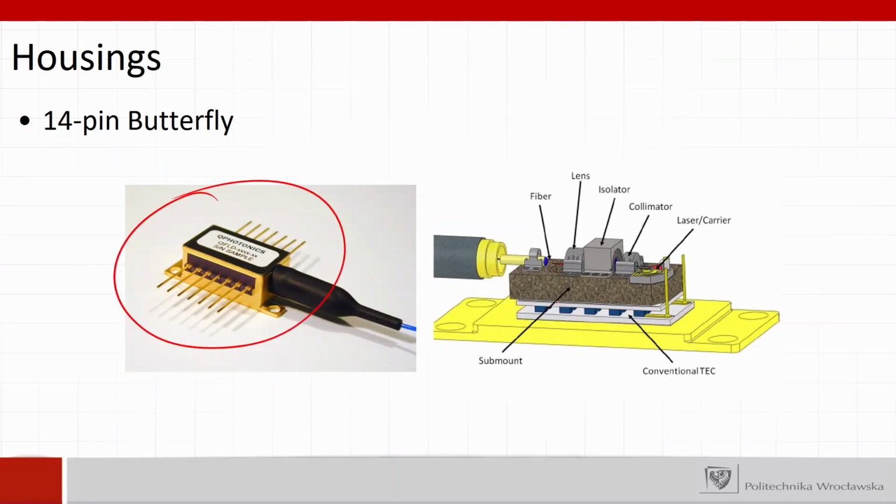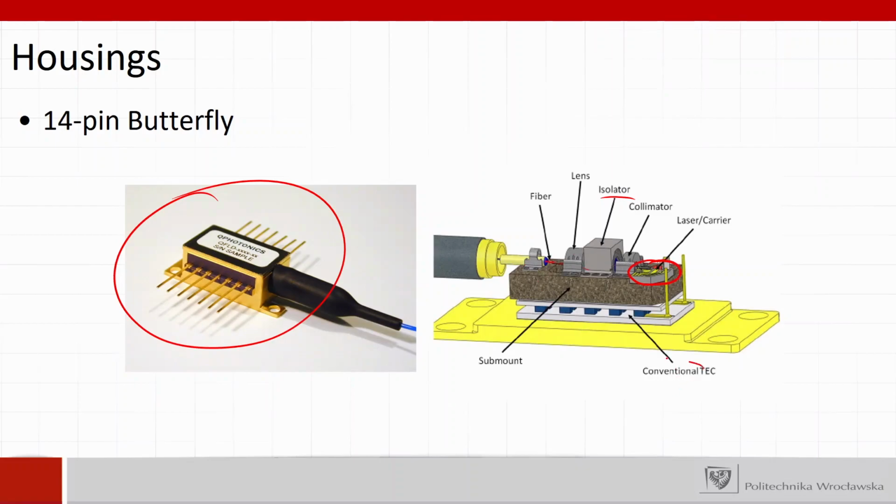So in this butterfly housing, we have the entire optics that is used for coupling of the light from the laser to the fiber. So the laser is somewhere here, and then we have some collimation optics, sometimes also an isolator that prevents the laser from damage because of back reflections. So we have these optics, and then this is launched into the fiber.